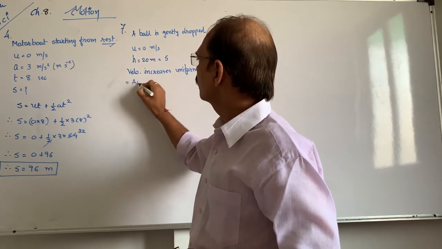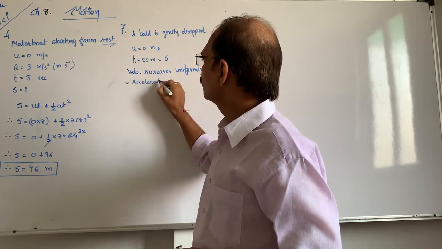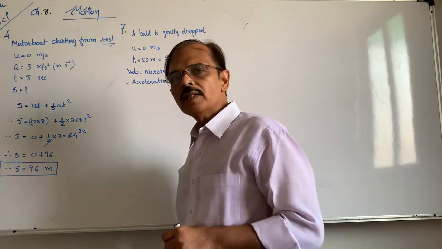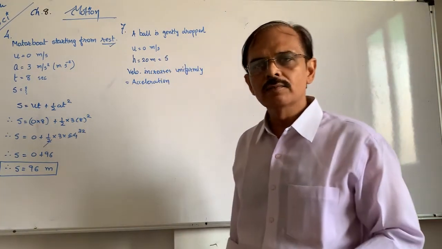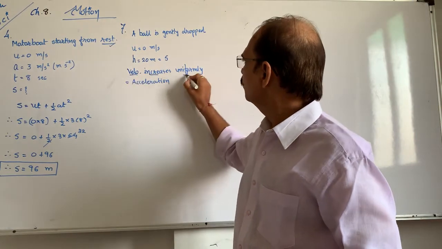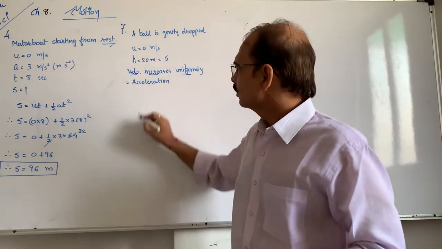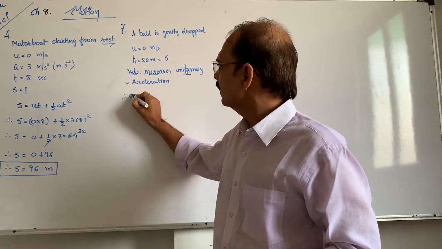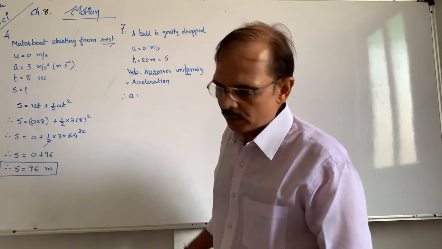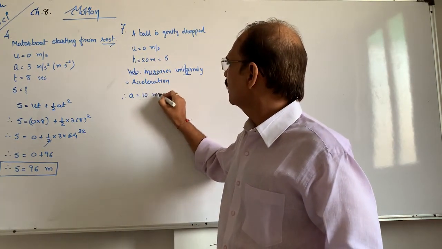That means it is called acceleration. Acceleration means increase in velocity per unit time. Here velocity increases uniformly per unit time, so this is called acceleration. So acceleration is given, a equal to 10 meter per second square.